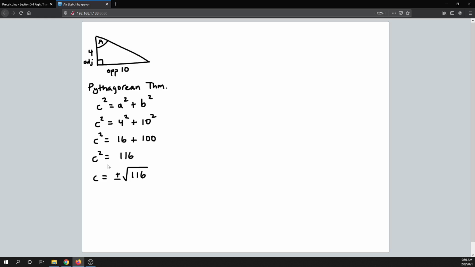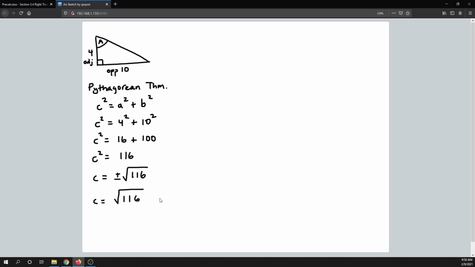And forgetting that there are 2 solutions will cause problems in this class and any other math class you're going to take after this, for the most part. So I always put this plus or minus square root 116 in here. But since we're talking about the length of a triangle here, it's going to be the positive one. All right, so square root 116.